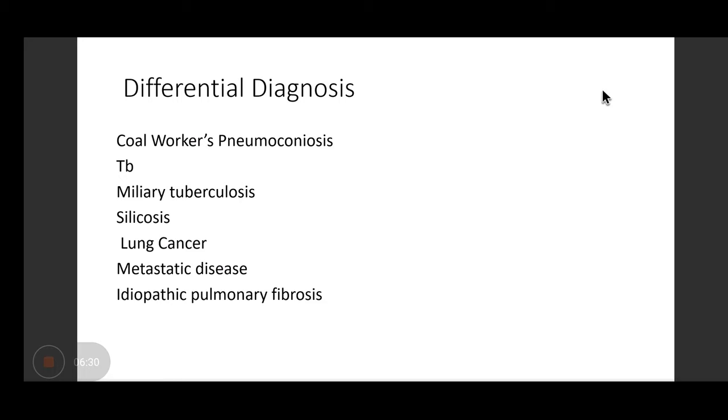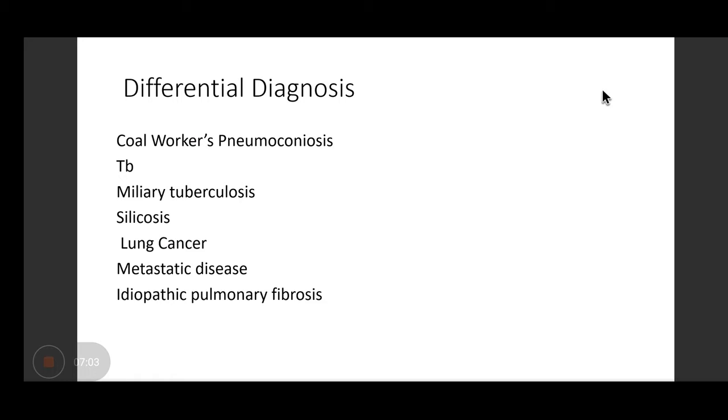Okay, for silicosis too, you will take history, occupational history, and you will ask about clinical features. And in case of silicosis, there might also be pleural thickening. And on X-ray, this also shows nodularity in the upper zones of the lung, but these are much more well defined as compared to coal workers' pneumoconiosis.